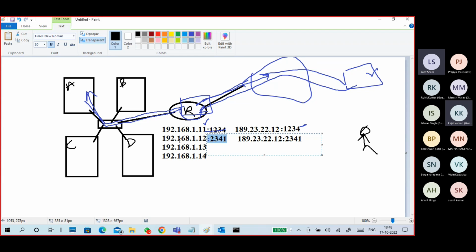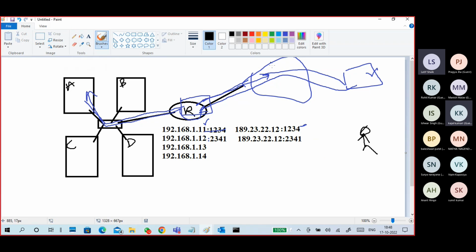Okay, so it recognizes your private and public IP addresses based on their port numbers, while retranslating. So once again, I will explain that, guys. Look here. When you are sending, your PC has one private IP up to here. This is the private IP.